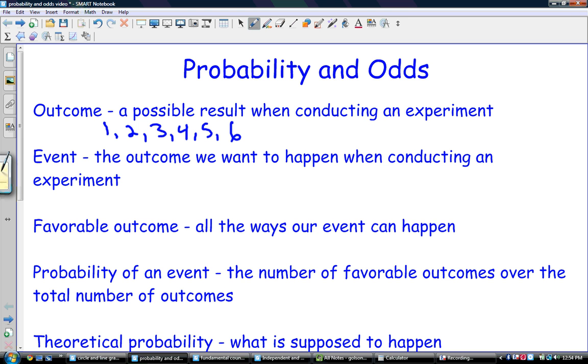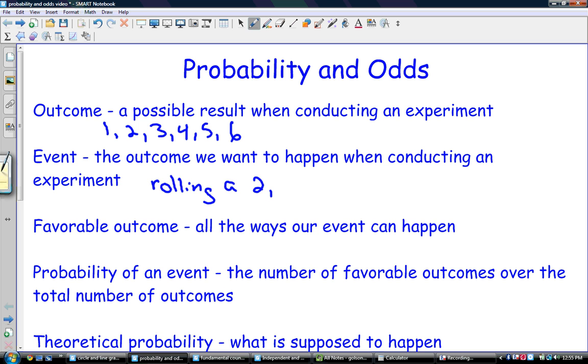An event, when we're talking about probability, is the outcome that we want to happen. So, for example, I could say that I want my event to be rolling a 2.